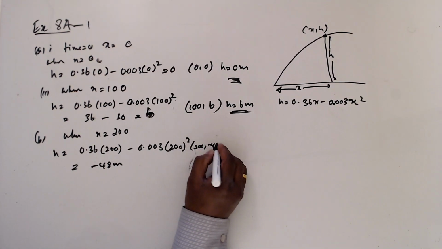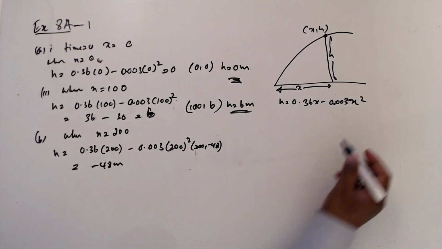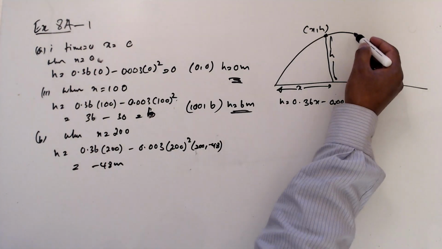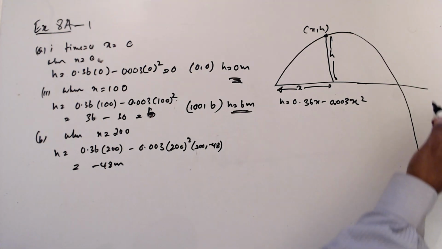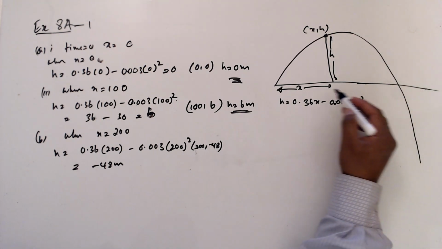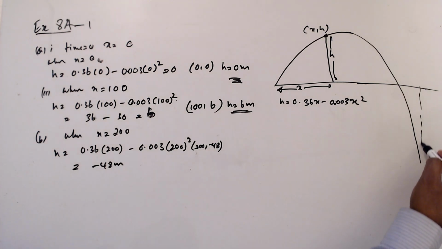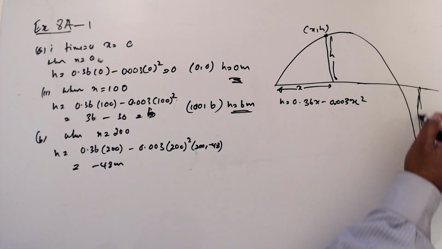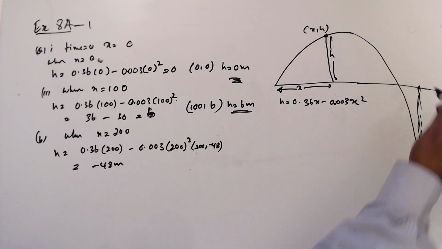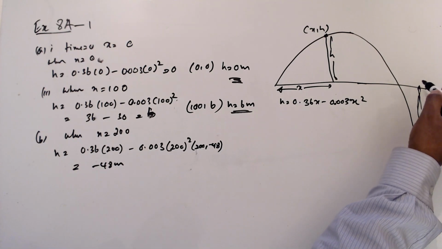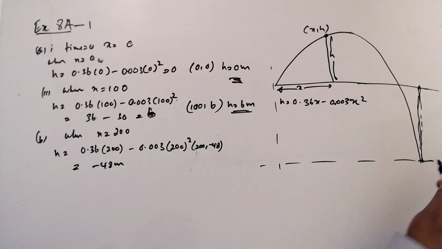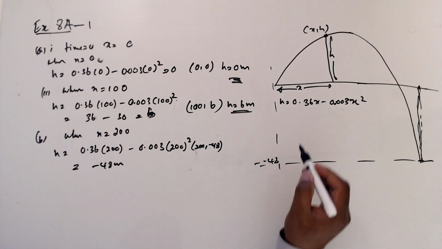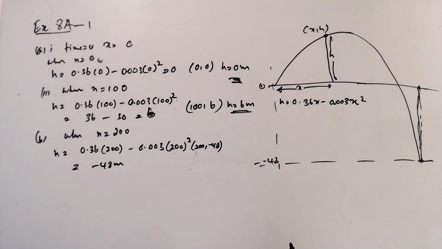So what can you think about? This is a model. The model doesn't know that there is a ground. The model is going to be like this. So after 200 meters, according to the picture, this level is minus 48 and this is the 0 level.